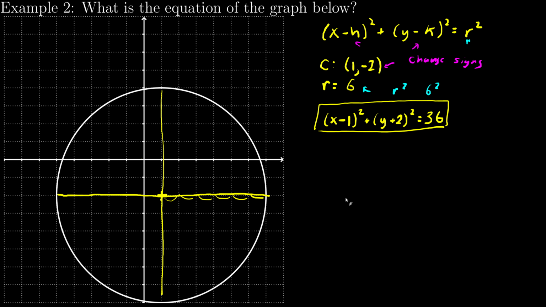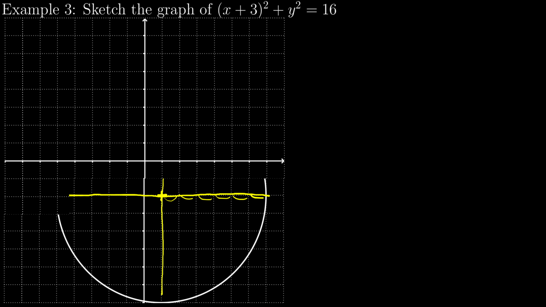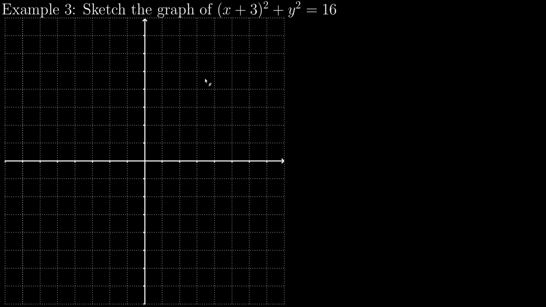Now, that's if I have the circle, want to write the equation. I can go the other way as well. So let's take an equation and sketch the circle. We see something here is a little new, and we'll talk about that. So from here, this plus 3 means that the x-coordinate of my center will be negative 3. But I don't see y plus or minus anything.